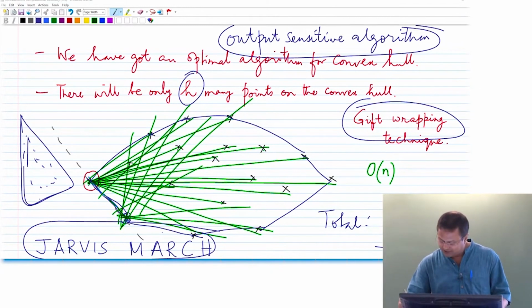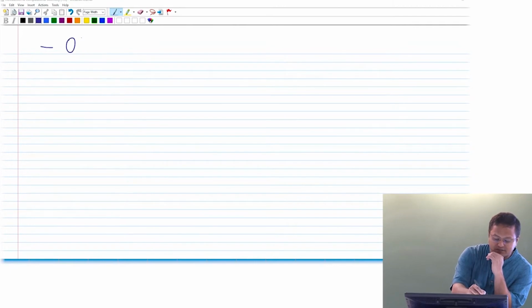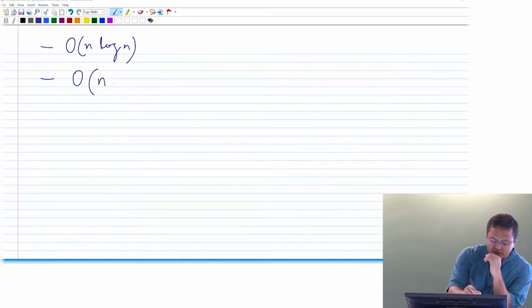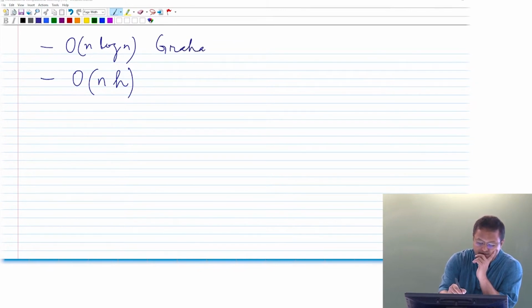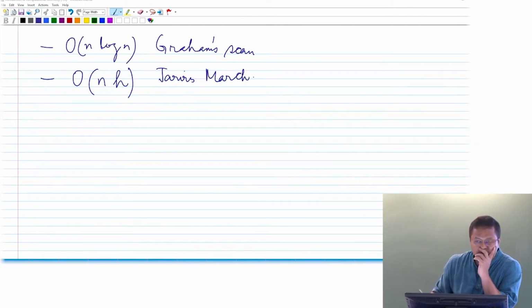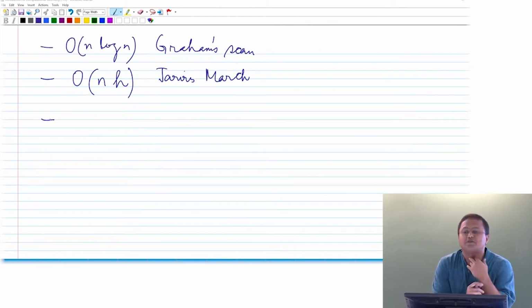Now, our next goal is, let us get even more ambitious, right. So, first one was n log n, that was Graham scan, next we saw nh, this is Jarvis March.